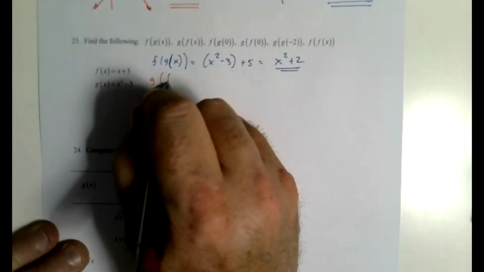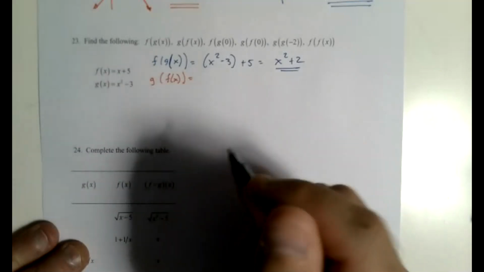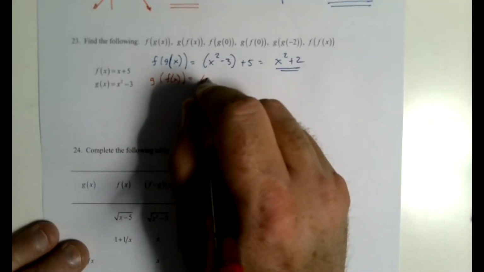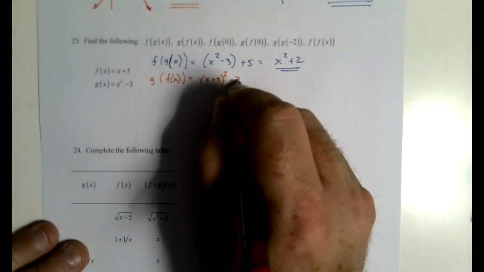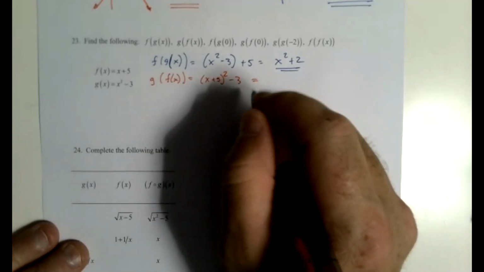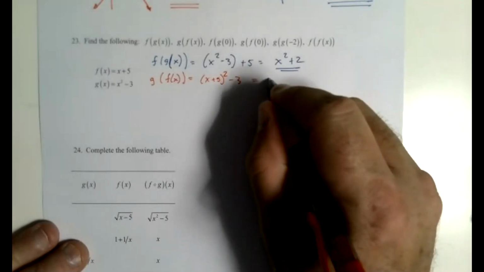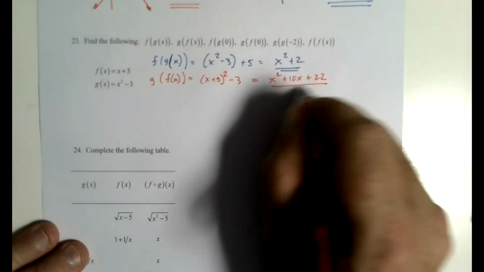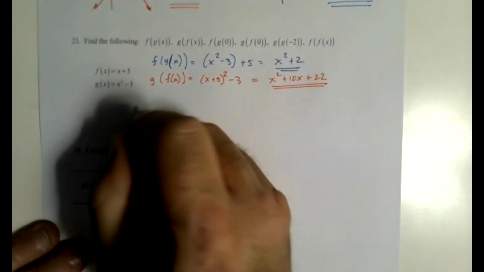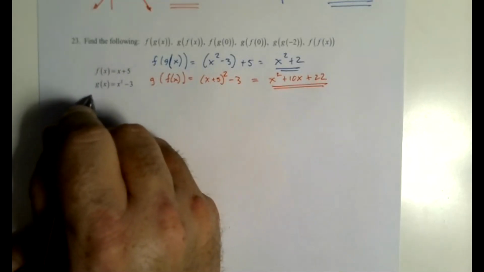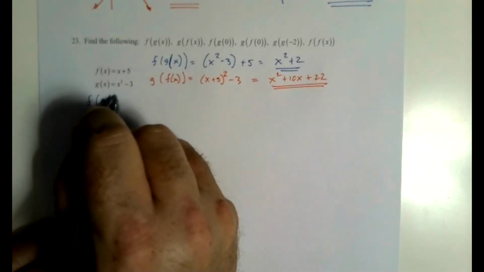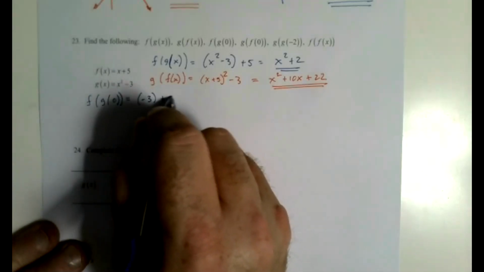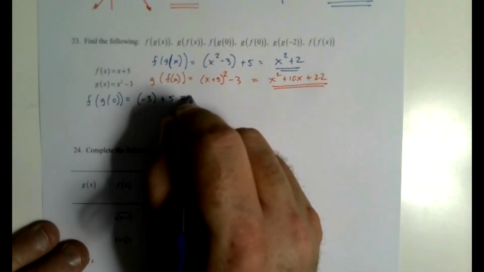G of f of x equals x plus 5 squared minus 3 equals x squared plus 10x plus 25 minus 3, x squared plus 10x plus 22. F of g of 0 equals -3 plus 5 equals 2.